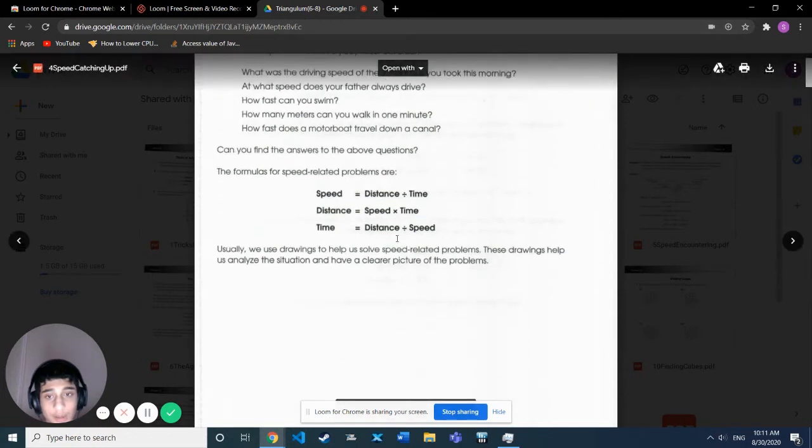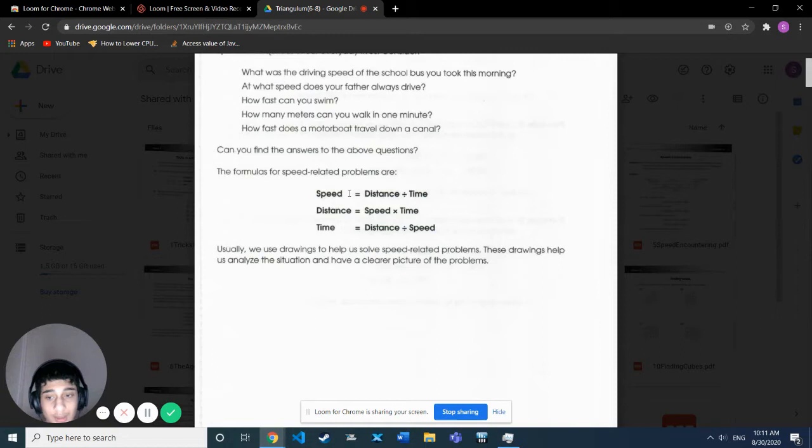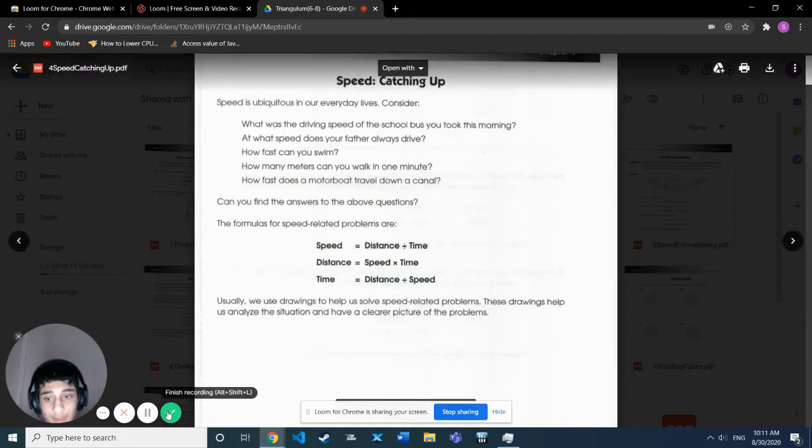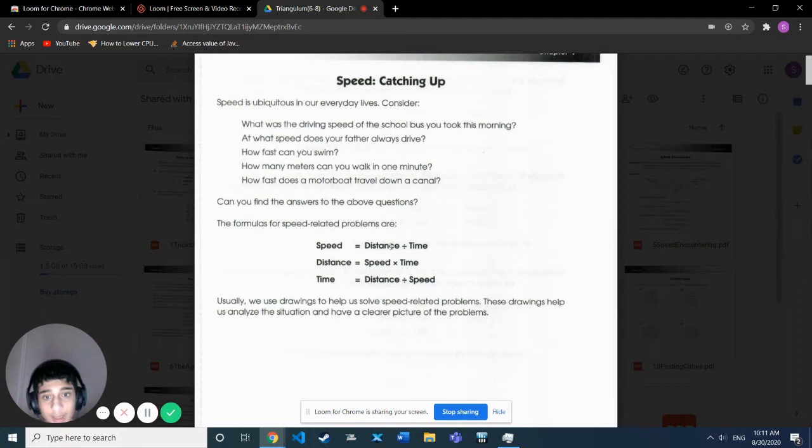Speed is always expressed in a specific unit. There are lots of units for speed: meters per second, miles per hour, kilometers per hour, feet per minute.